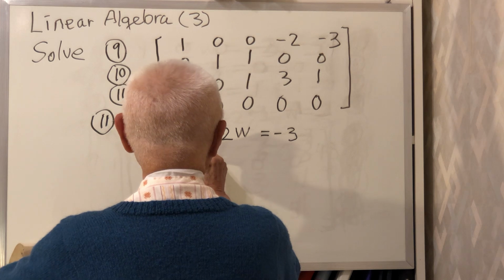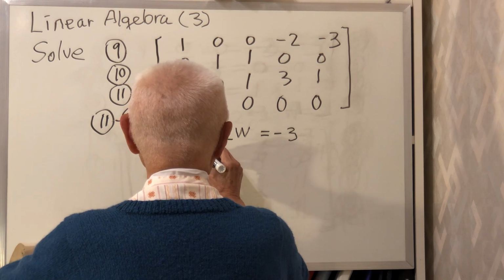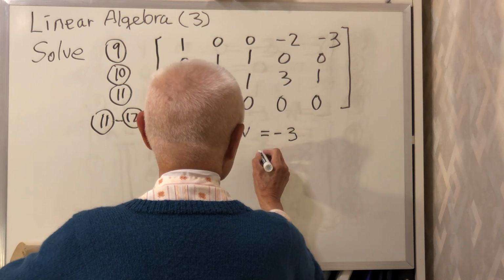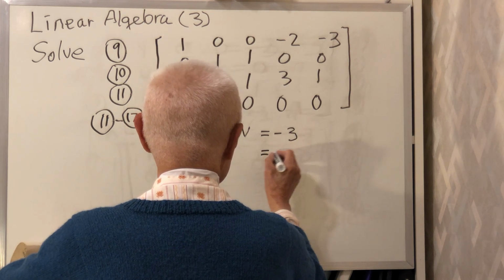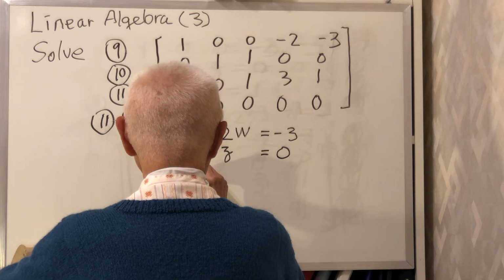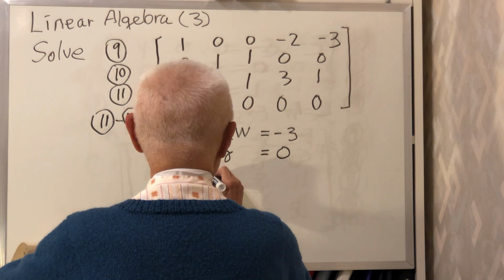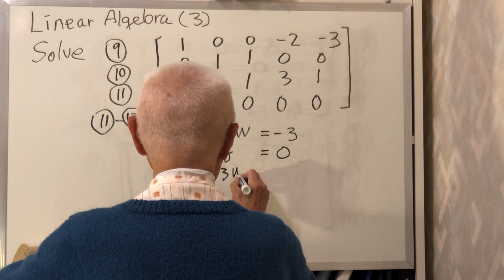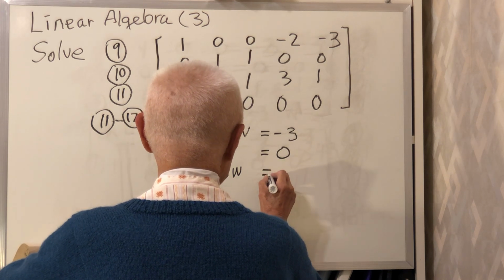I have y plus z equals 0. I have z plus 3w equals 1.